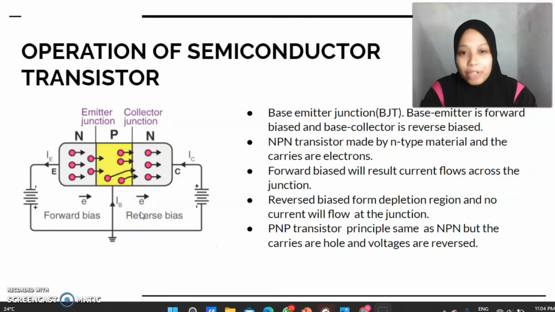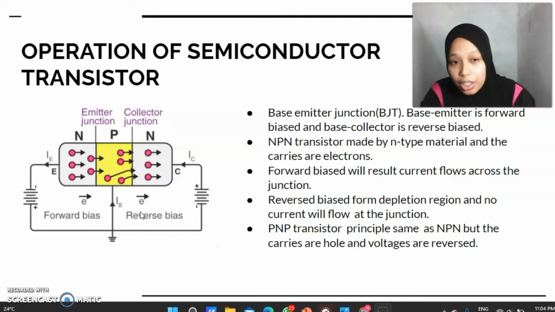Hi, I am Shafika. So I will present the operation of semiconductor transistor. In usual operation of a bipolar junction transistor, BJT, the base-emitter is forward biased and the base-collector is reverse biased. So for NPN transistor, mostly the carriers are electrons, where forward bias will result in current flowing across the junction.